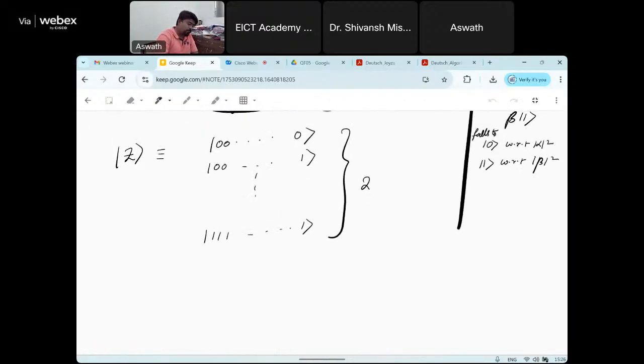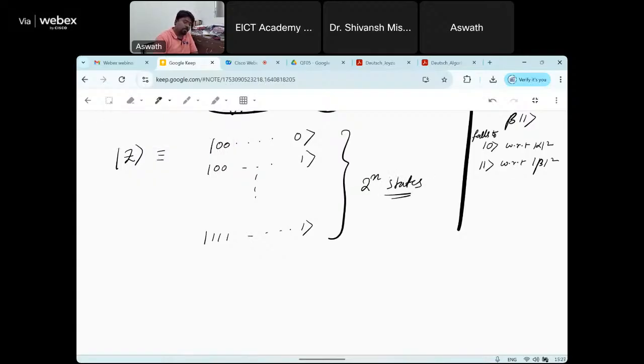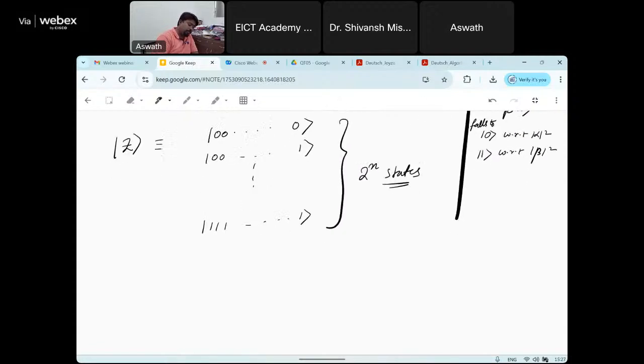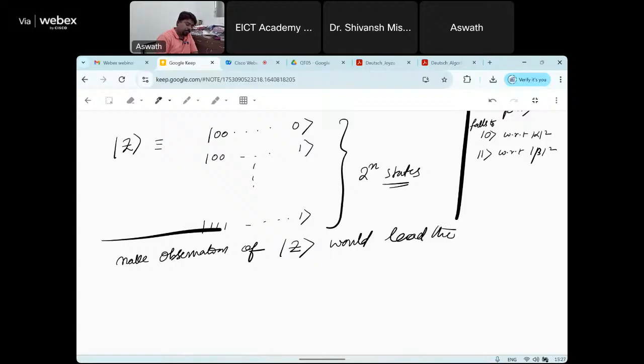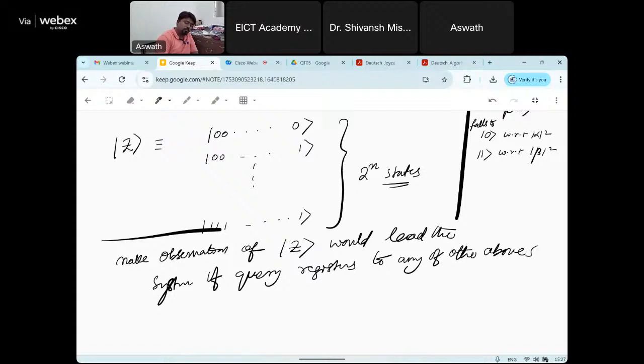2 to the power of n such states are available. Now, if I make an observation on Z, it would lead the system of query registers to any of the above states.